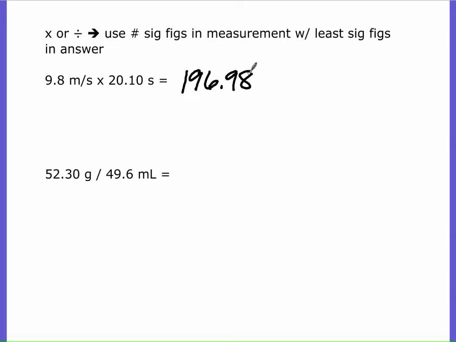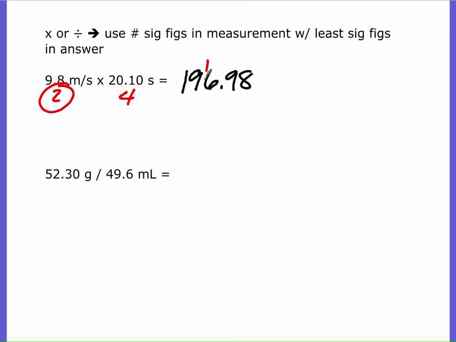So since 9.8 has 2 sig figs and 20.10 has 4 sig figs, and the rule says to use the number of sig figs in the measurement with the least amount of sig figs, I'm going to need to have 2 sig figs in my answer.